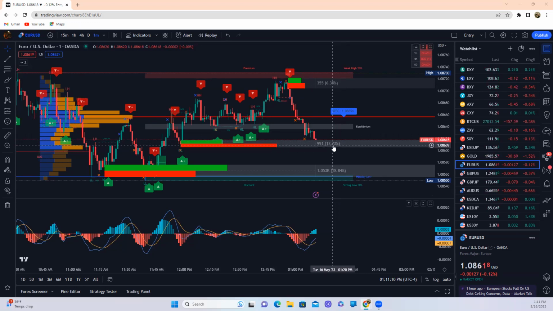It may eat through it right now, but if you want to know the future of price movement, look at the higher time frame. If you want to know what's going to happen on the 1 minute, look at the 15-minute, and that will tell you basically what price is going to do in the future. If you want to know what GJ is going to do on the 4-hour, look at the daily.